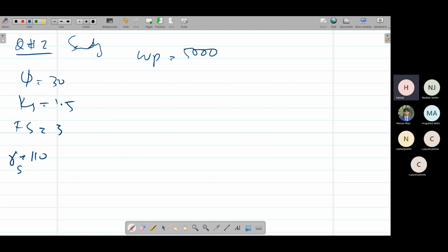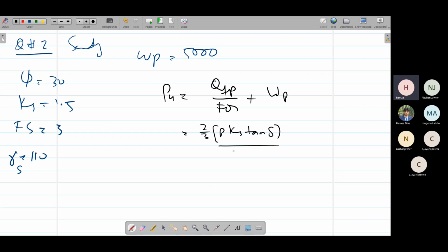So for sandy soils, the formula for pull-out capacity is QFP over factor of safety plus weight of the pile. The same formula, where the QFP would be changed. That is 2/3 of P times Ks times tan delta over factor of safety, that is 3, plus weight of the pile, that is 5,000.